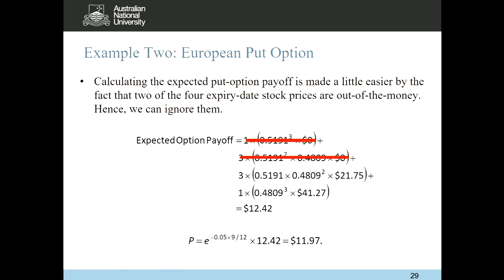So if we do that, we work out the expected payoff is $12.42. And because it's a European option, we can discount it all the way back 9 months, right? At a risk-free rate of 5%, we get this European put option valued at 11.97.